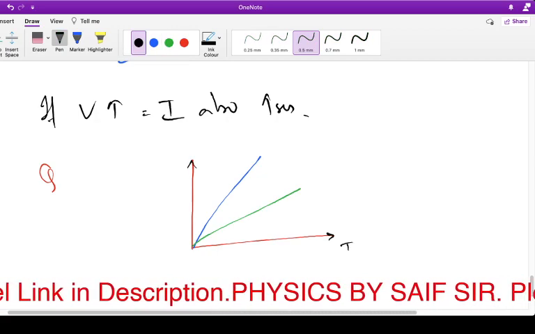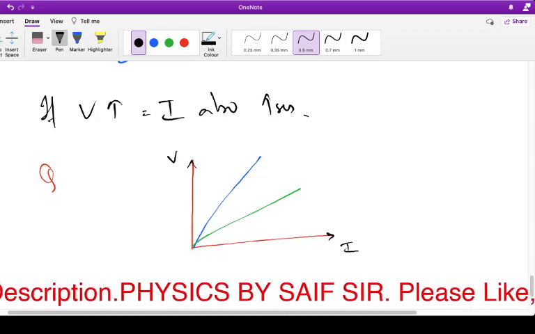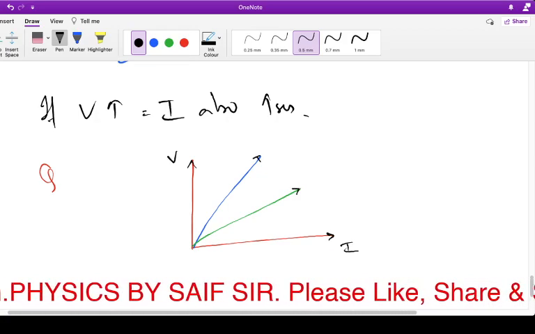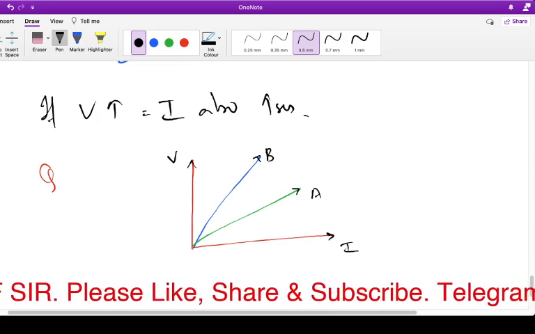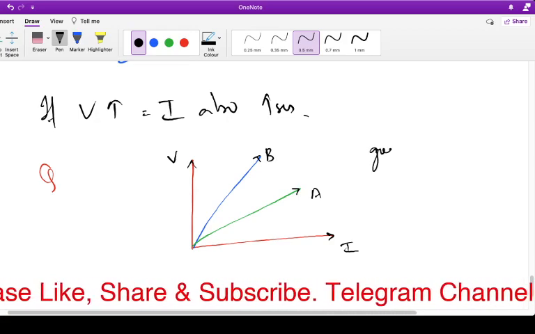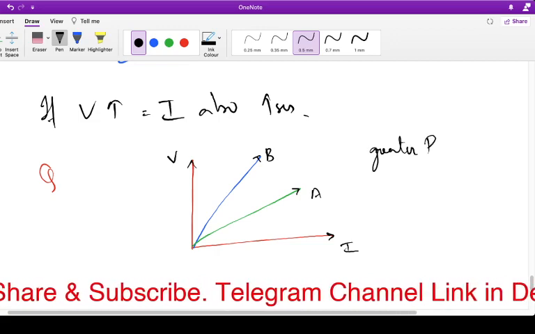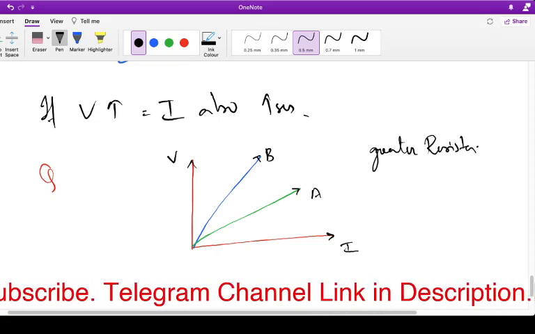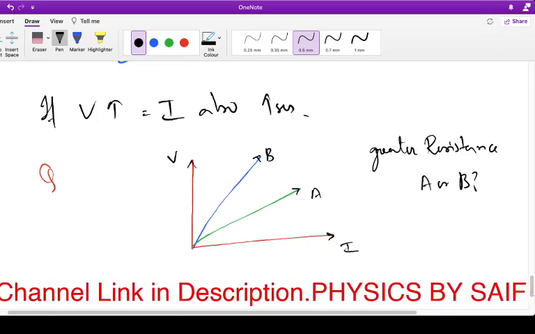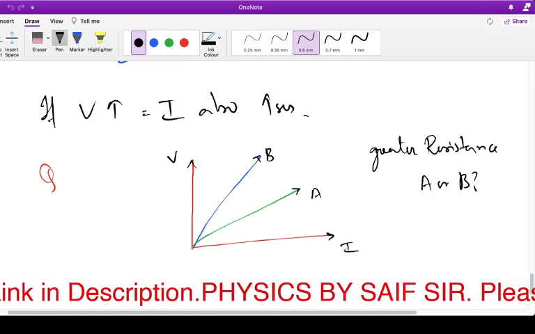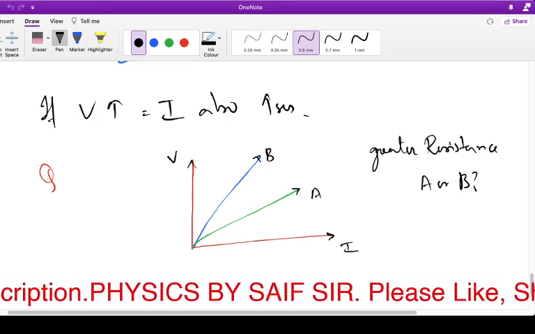This is I and this is V, and this is the graph with lines A and B. Now the question is, which has greater resistance, A or B?